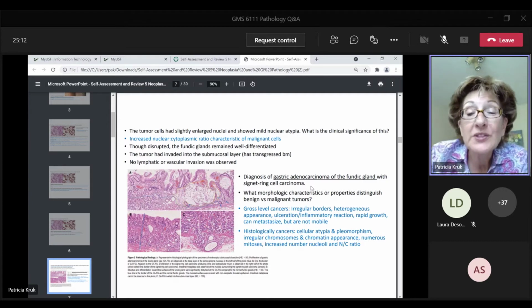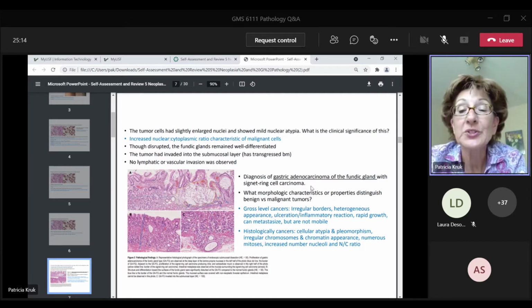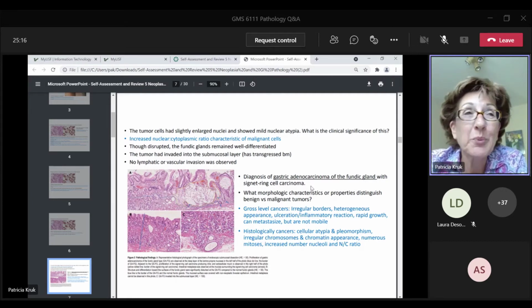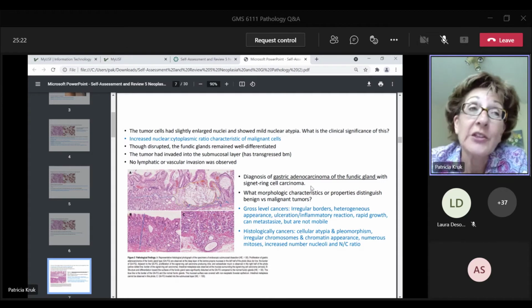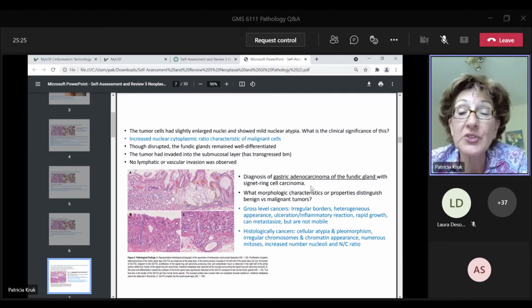At the gross level, malignant tumors have very irregular borders. They're heterogeneous in their appearance. Because they invade and destroy the local tissue, you often see a lot of ulceration and inflammation, as well as often hemorrhaging. These cancers typically grow rapidly, and of course, they can metastasize.